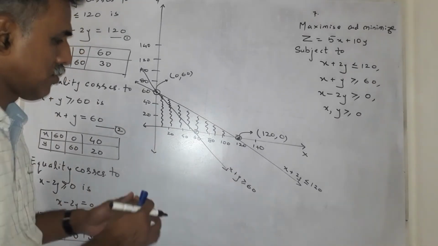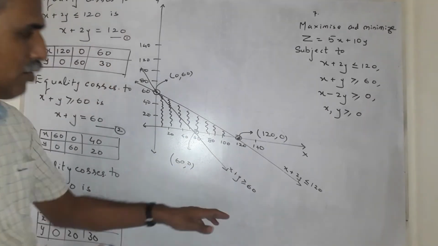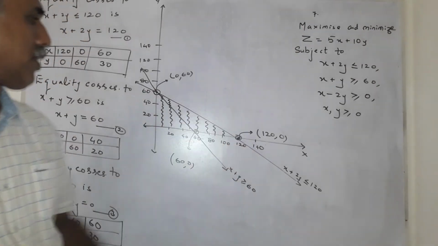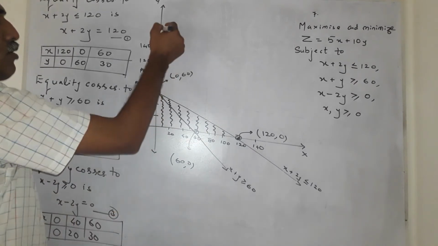At y is 0, this point is 60, 0. At y is 0, x will be greater than or equal to 60. So we move to the upper half plane. So let us draw vertical dotted lines for this one.